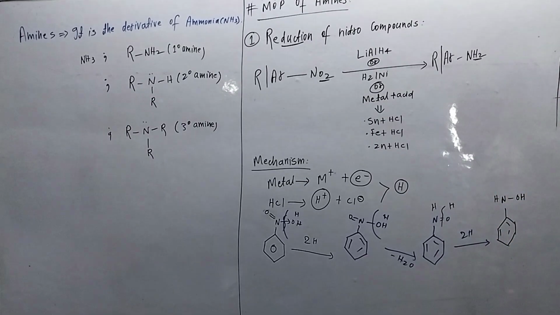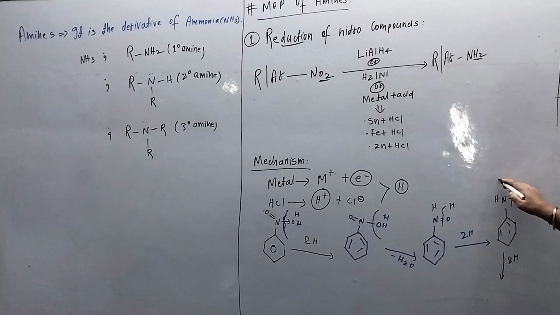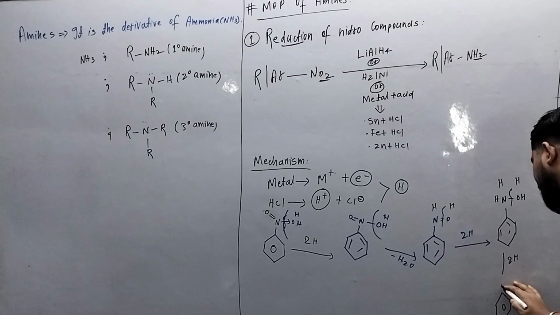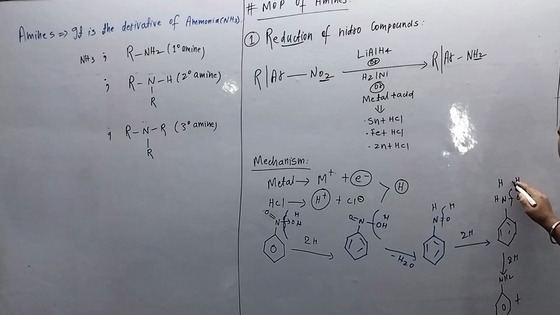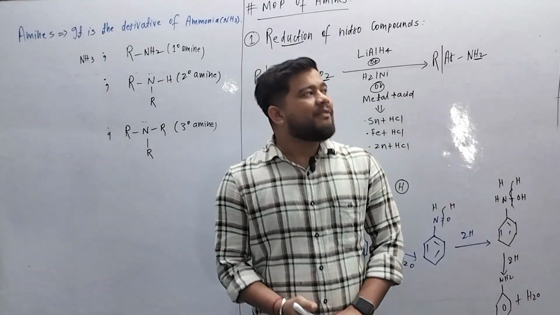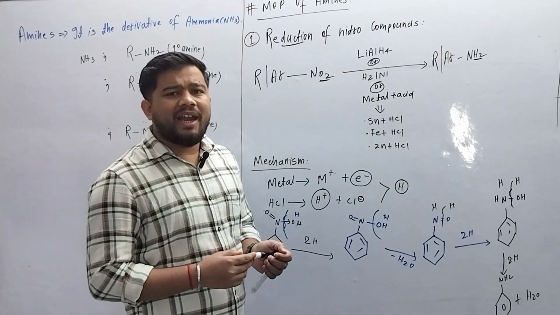In the next step, again 2 hydrogen is added, 1 hydrogen on nitrogen and 1 hydrogen on the oxygen, and the product will be formed, aniline. Here 1 molecule of water, H2O, is also released. So this is the first method of preparation of amine from nitro compound.